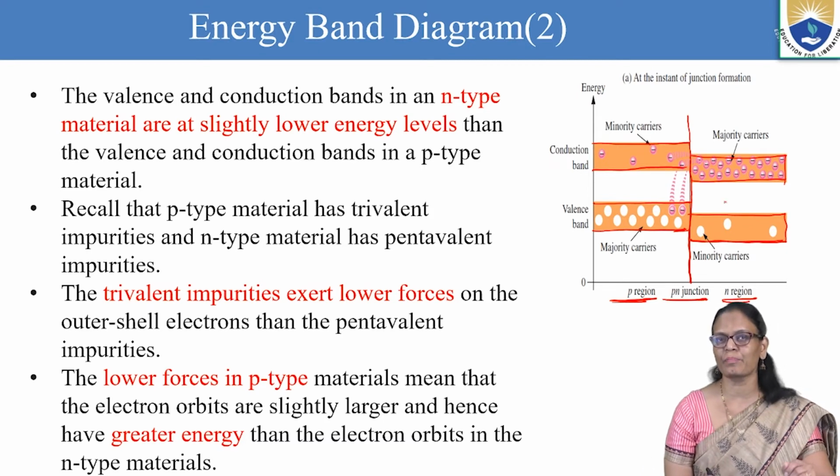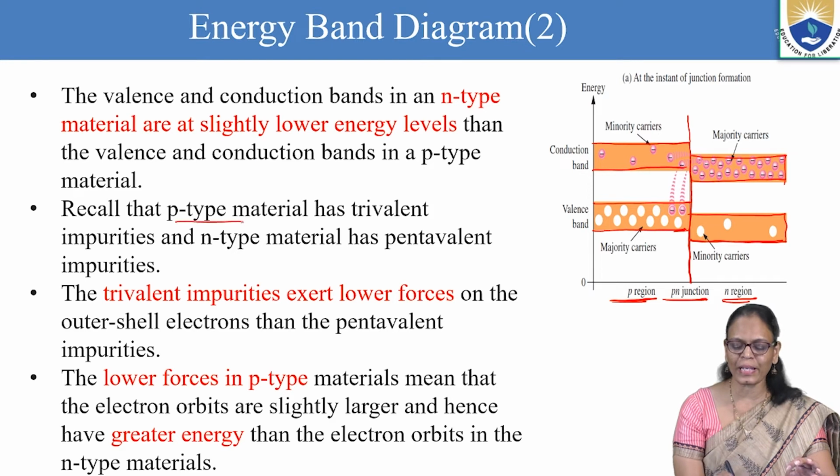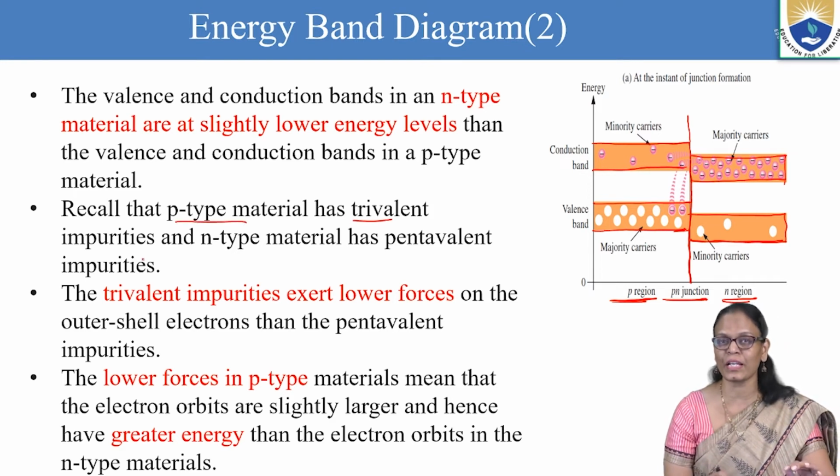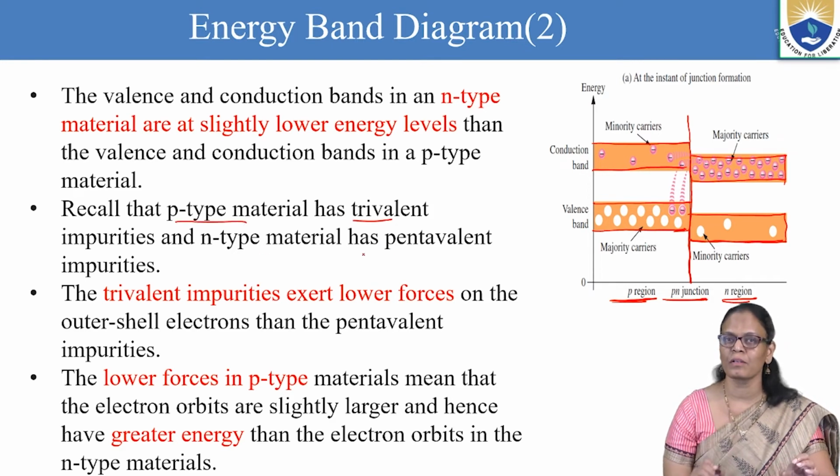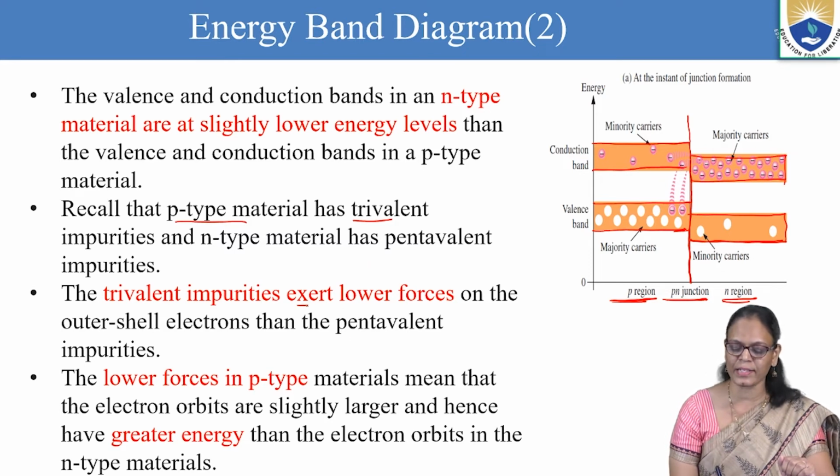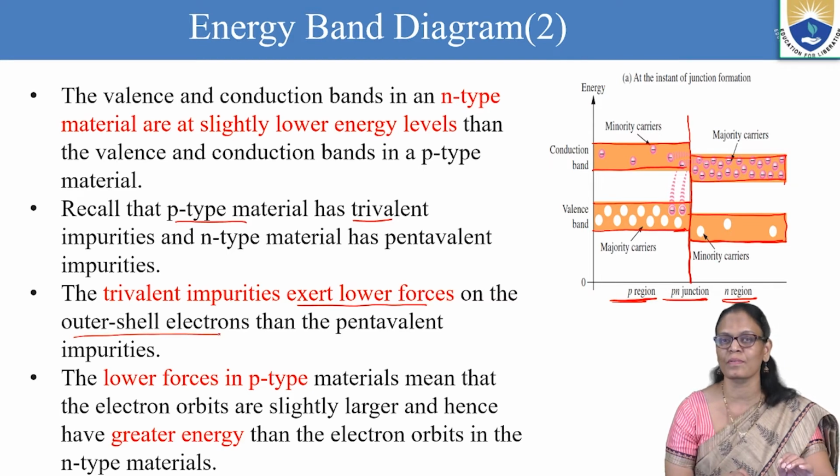Why is it like that? Because P-type material has trivalent impurities and N-type material has pentavalent impurities. Trivalent impurities exert lower forces on the outer shell electrons than pentavalent impurities. So in case of a trivalent impurity, there are lesser forces on the valence electrons.